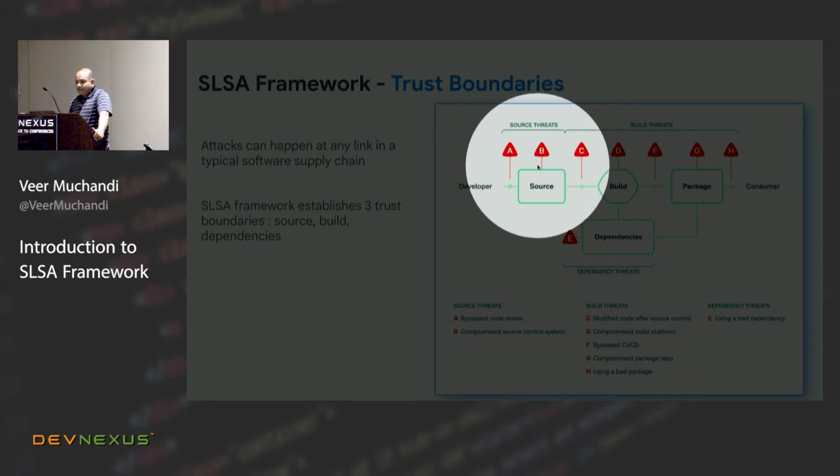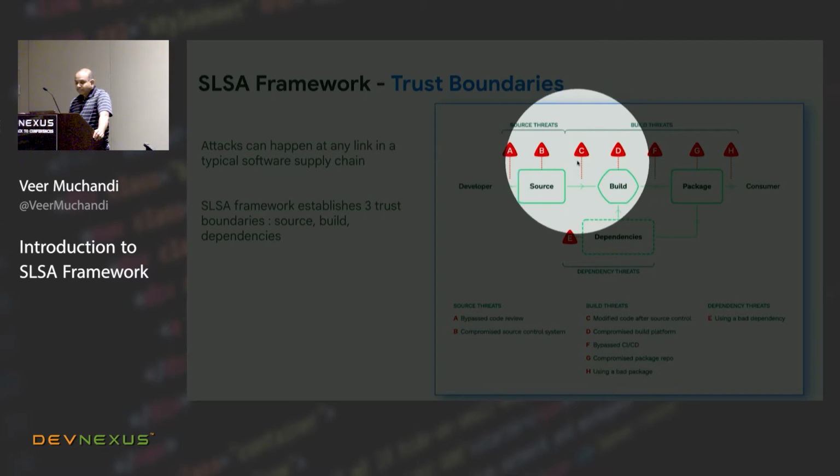Second part, your source control system could be compromised. So somebody who is not supposed to be pushing code there is actually pushing it. That could be another threat. The third one is your build process gets the source code not from the source control system but from elsewhere.